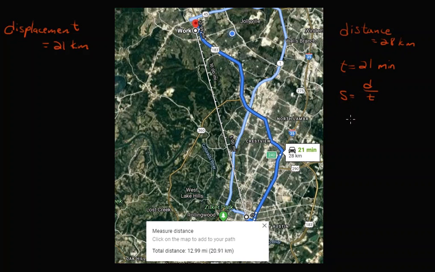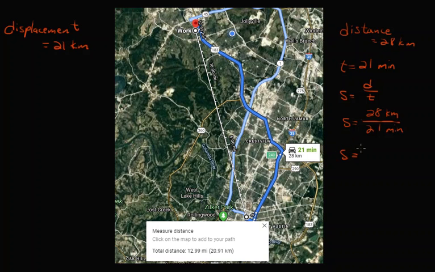So I'm going to calculate this out, and it's 21 minutes. Why did I put minutes up there? Time. The speed is 28 kilometers over 21 minutes.